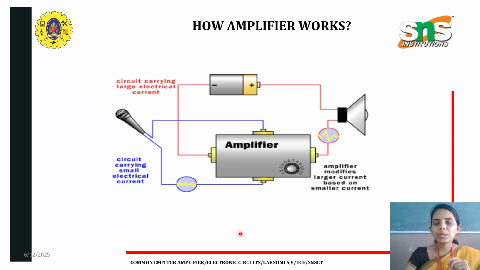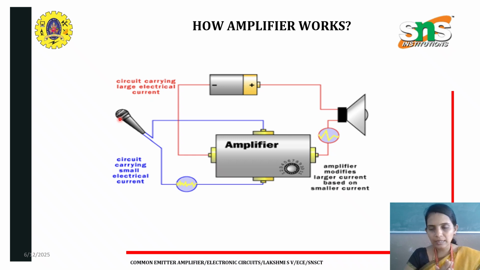This is a simple example of an amplifier circuit. Initially, we have a microphone, which is a transducer that converts sound energy into electrical energy. When we take a mic and start speaking, our sound energy is converted into electrical energy with the help of the microphone.